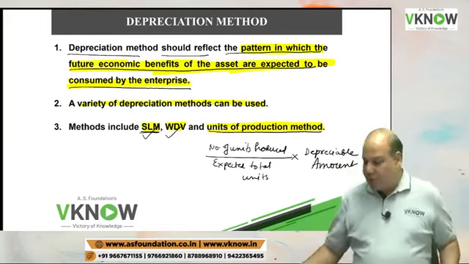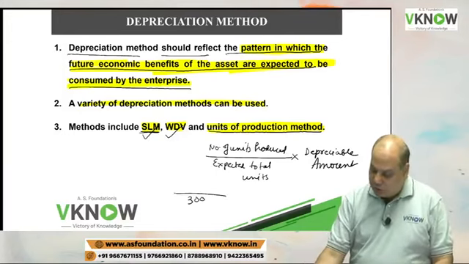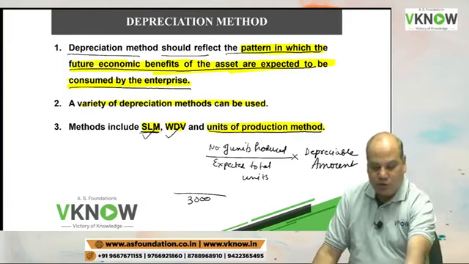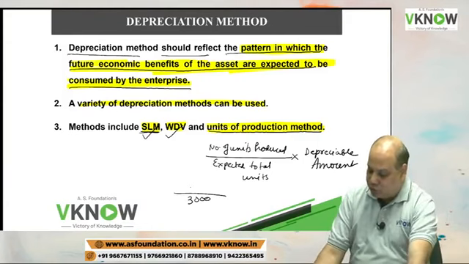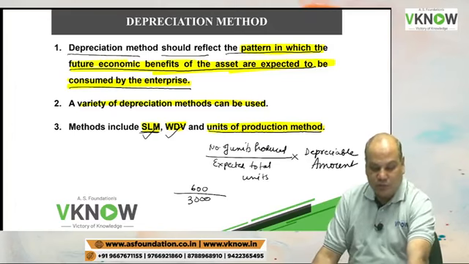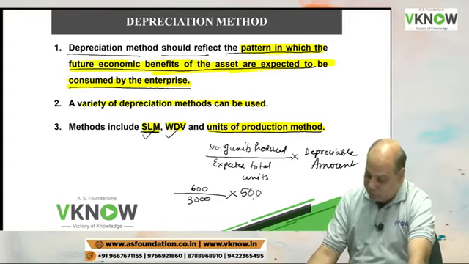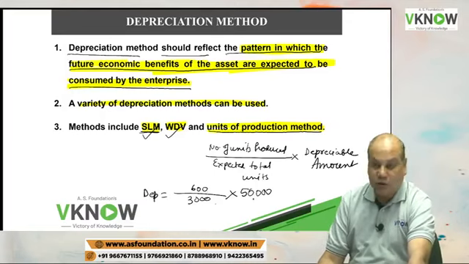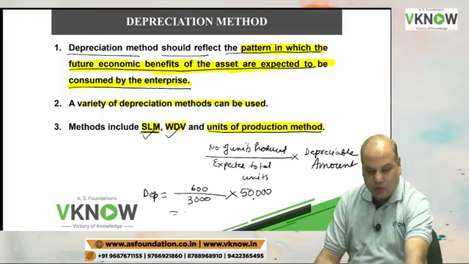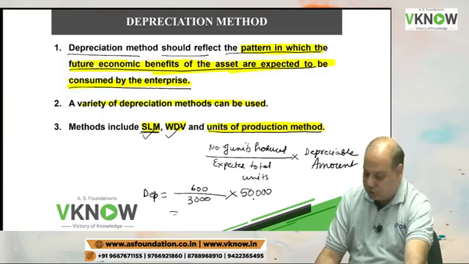Like I gave you the example of my projector. My projector's total life is 3000 hours and I have used 600 hours in this year, and the depreciable amount is 50,000. So tell me what will be depreciation? 600 divided by 3000 into 50,000. Come on, answer. What will be depreciation?